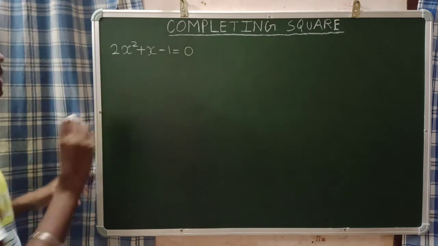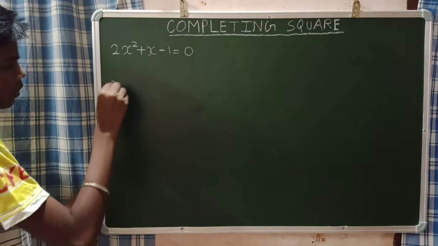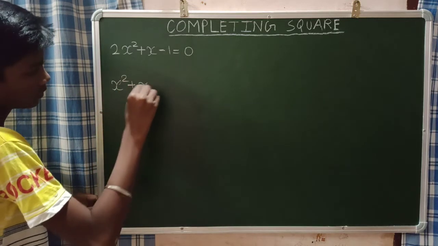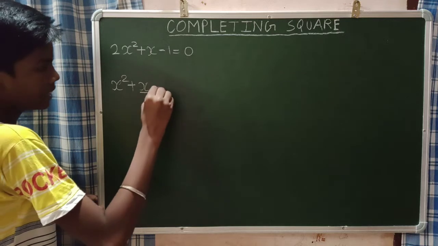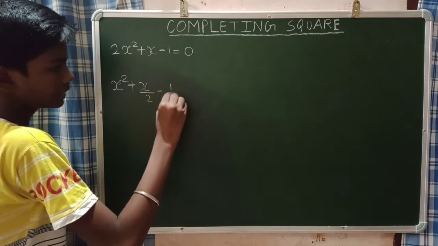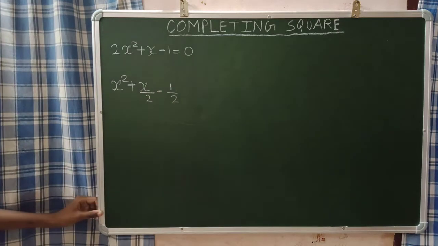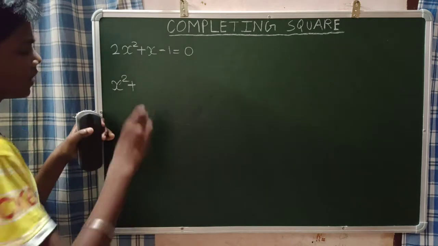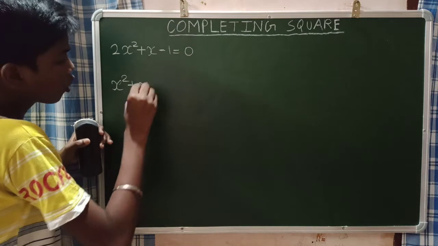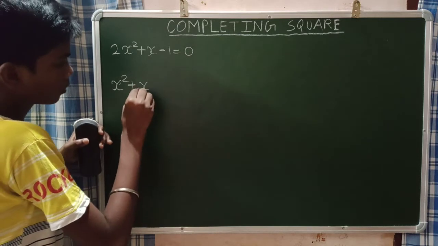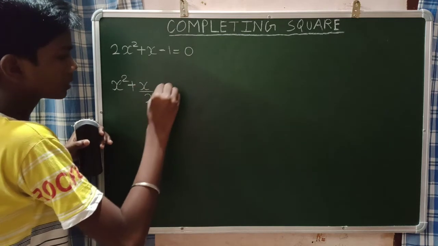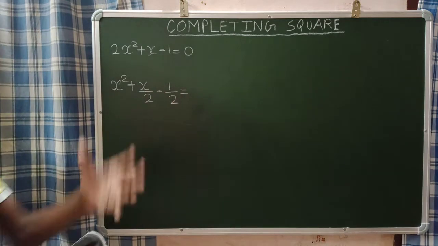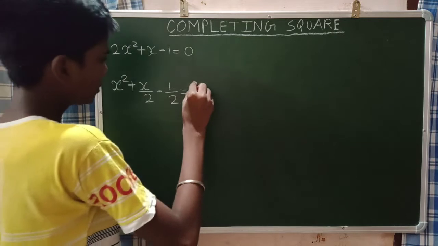When I divide by 2 on the LHS, you will get x squared plus x by 2 minus 1 by 2. Very simple, right? You divide the coefficient of x squared on both sides if the coefficient is not 1. On the RHS, 0 by 2 is anyway 0.